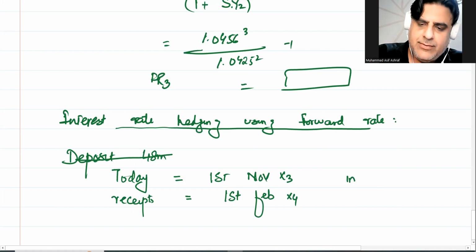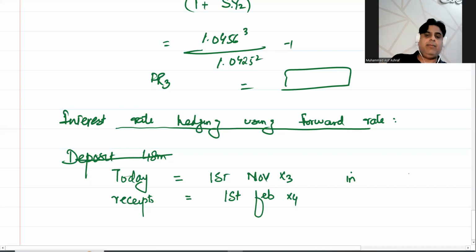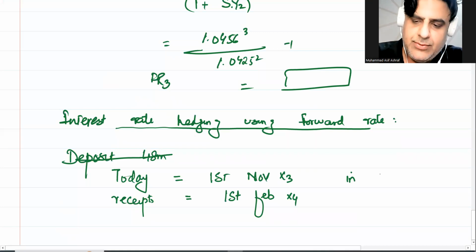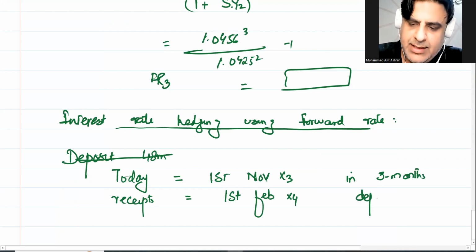This means from today's 1st November, December, January, in 3 months' time, you will be depositing the money.